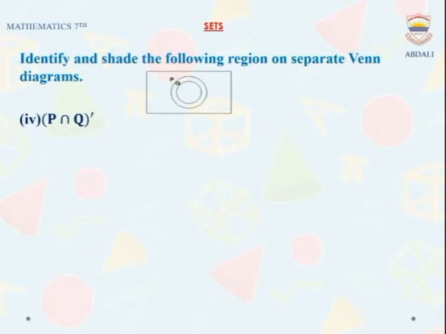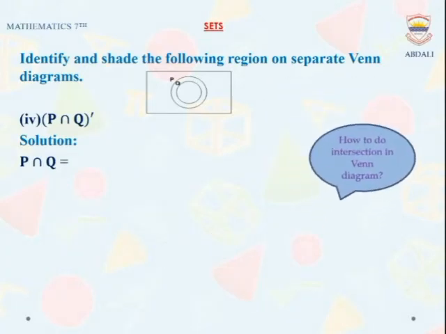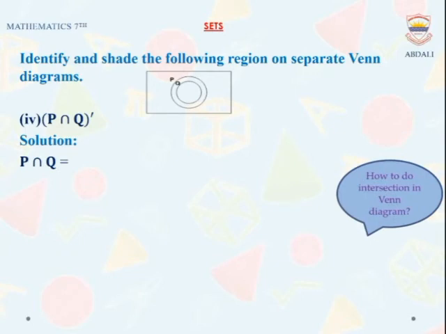Firstly, we have seen how to take union and complement. Now we will see how to take intersection. So let's start our solution. Firstly, we will rewrite what we are going to do. We will solve our bracket first, which is P intersection Q. So class, a question will arise: how to do intersection in a Venn diagram.